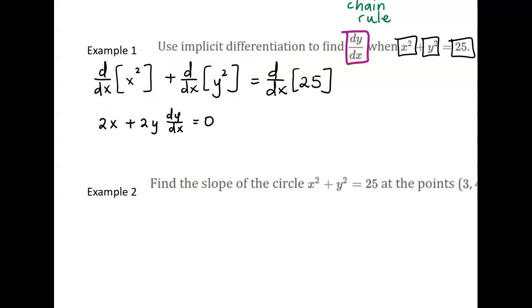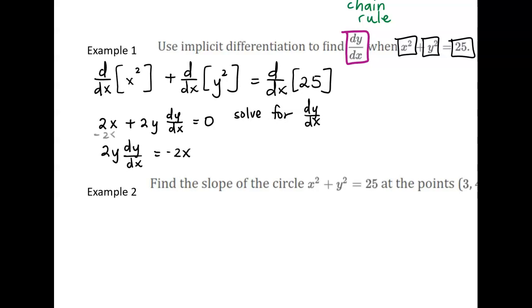Now we were trying to find dy/dx. So I'm now going to take this equation and we are going to solve for dy/dx. I'm going to subtract 2x from both sides of this equation. So I now have 2y dy/dx is equal to negative 2x.